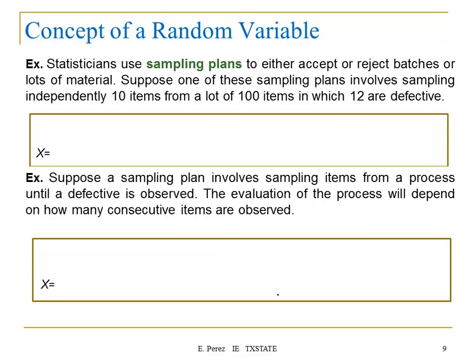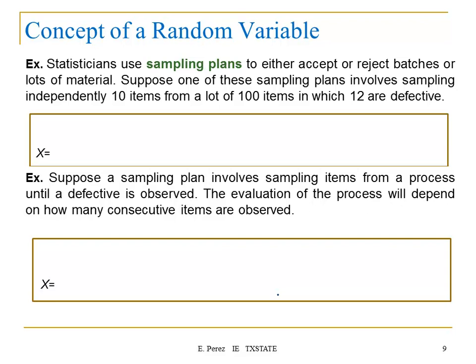Number of defectives in your sample of 10. How many values would you have? So you're choosing 10 items for your sample. From those 10, how many defectives can you have?